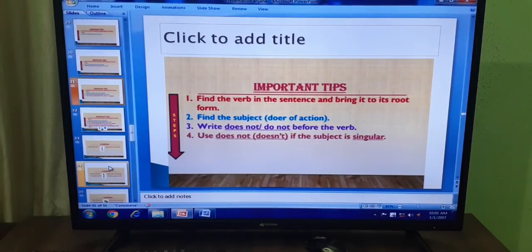The fourth step is use does not or doesn't if the subject is singular. How to use do not and does not in the sentence? It all depends on the subject.